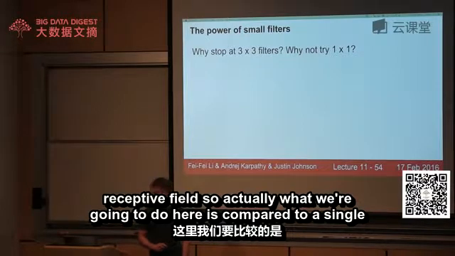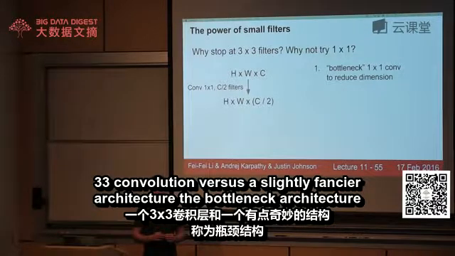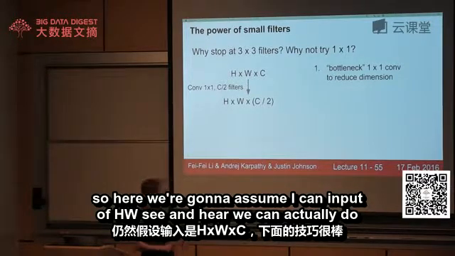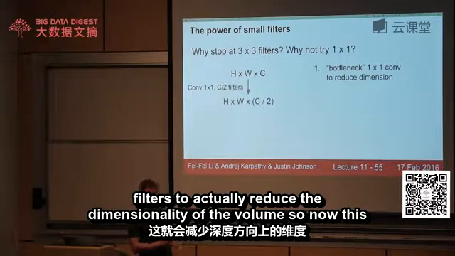So what we're going to do here is compare a single 3x3 convolution versus a slightly fancier architecture called a bottleneck architecture. Here, we're again going to assume an input of H by W by C. And here we can do a cool trick. We do a single 1x1 convolution with C/2 filters to reduce the dimensionality of the volume.